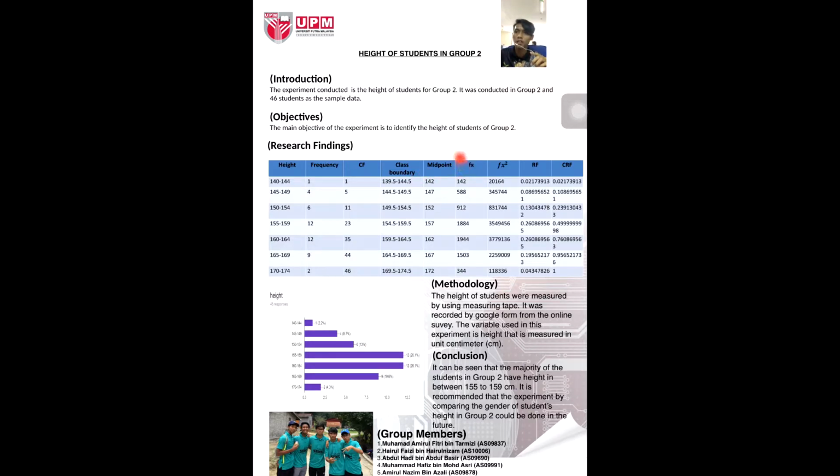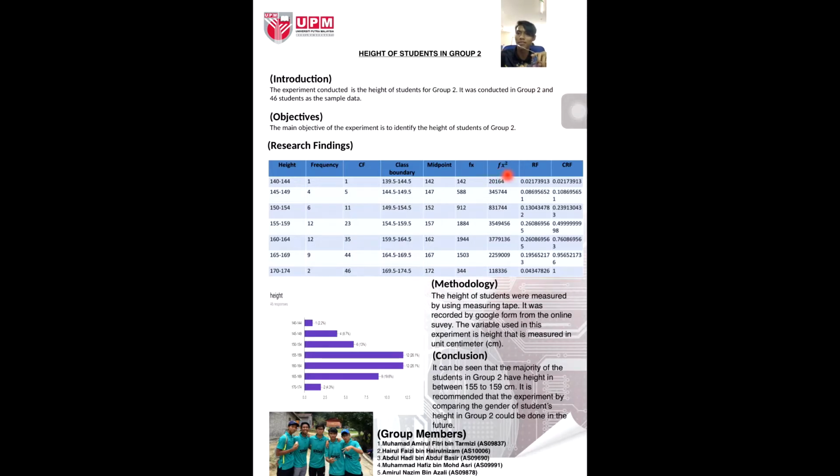Next, for the fx, we get it by multiplying the frequency and the midpoint. So we get the fx. For example, 2 multiplied with 172, we will get 344.